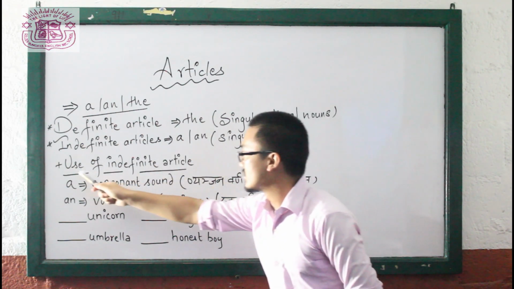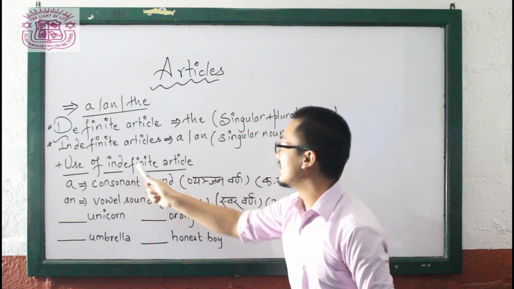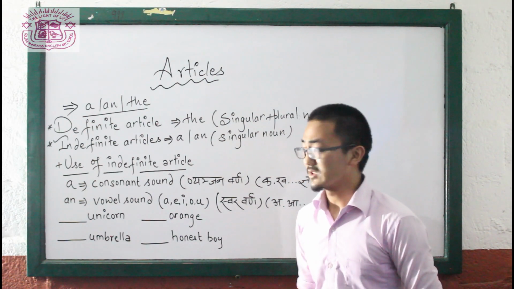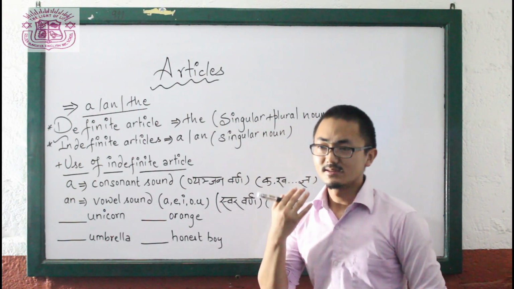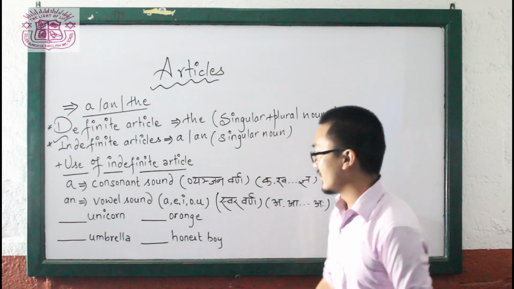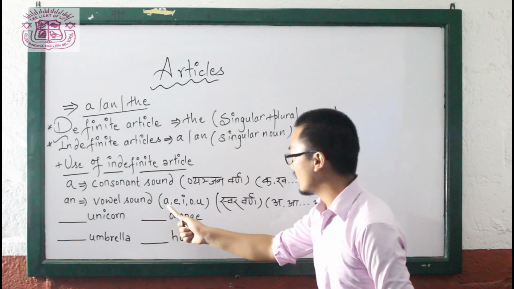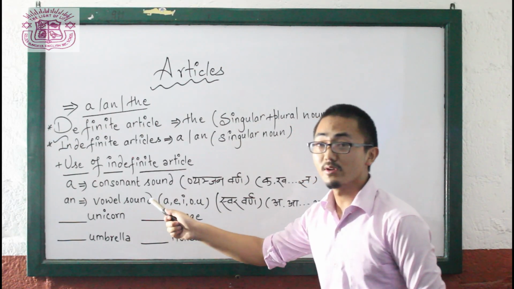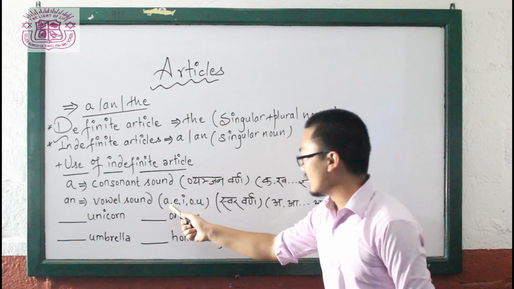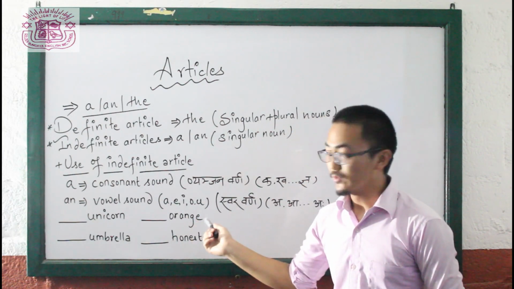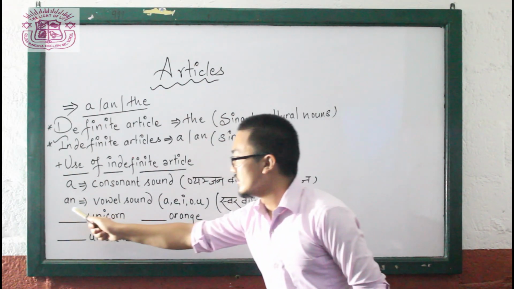Now we have to talk about the use of indefinite articles. Most of the students, while you were in class 4 and 5, you just cared about a, e, i, o, u. That means whenever you see a word starting with a, e, i, o, u, then you usually use an.